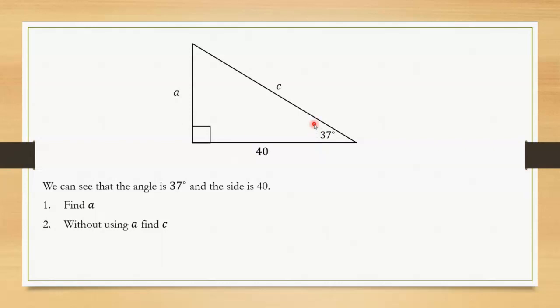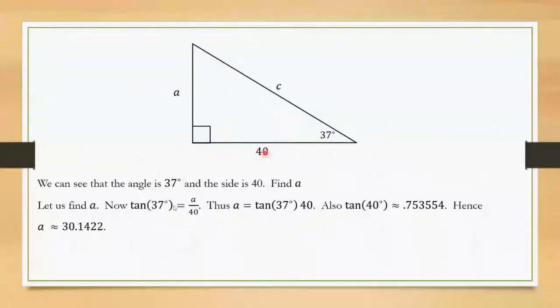Tangent, right? So to get A, we can use tangent. By SOHCAHTOA, tangent is opposite over adjacent. We are solving for the opposite. The adjacent is what we know. So that's why I'm doing this.